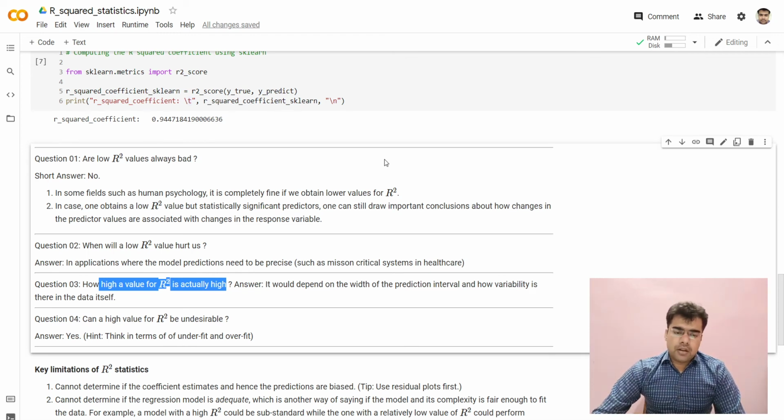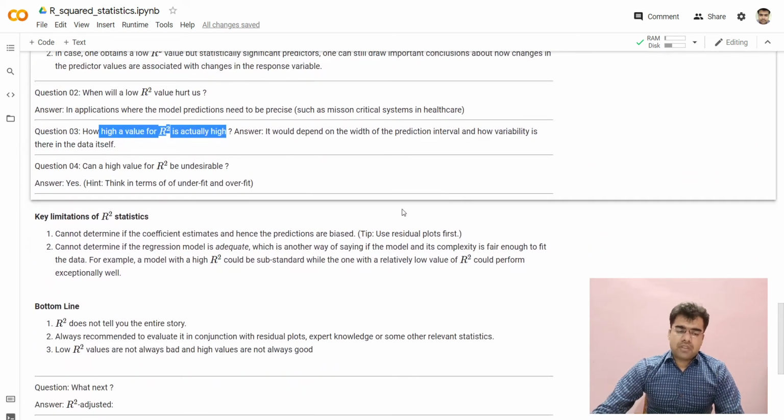Okay. Now, as is the case with any metric, there are certain limitations to this R square statistics. So first of all, the first limitation is that it cannot determine if the coefficient estimates are biased. It is a measure of how close the predictions are to the ground truth, but it is not able to figure out if your model is biased.